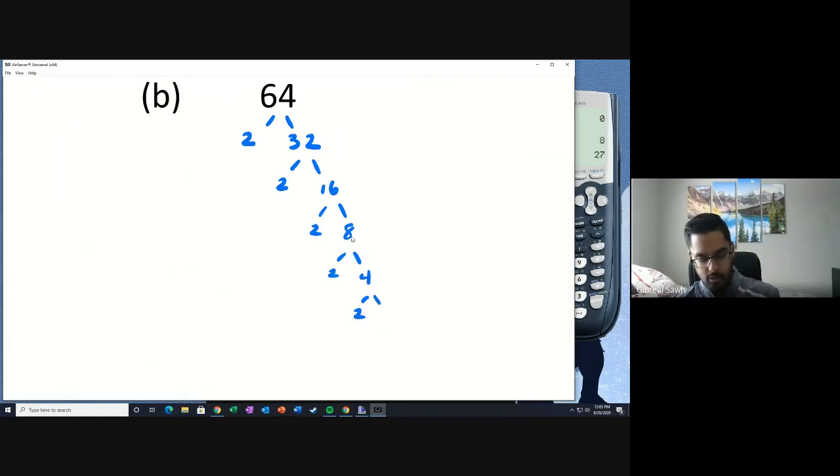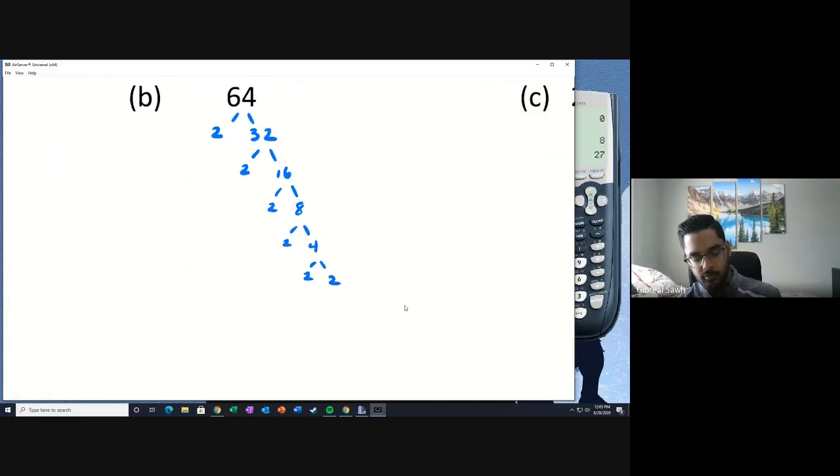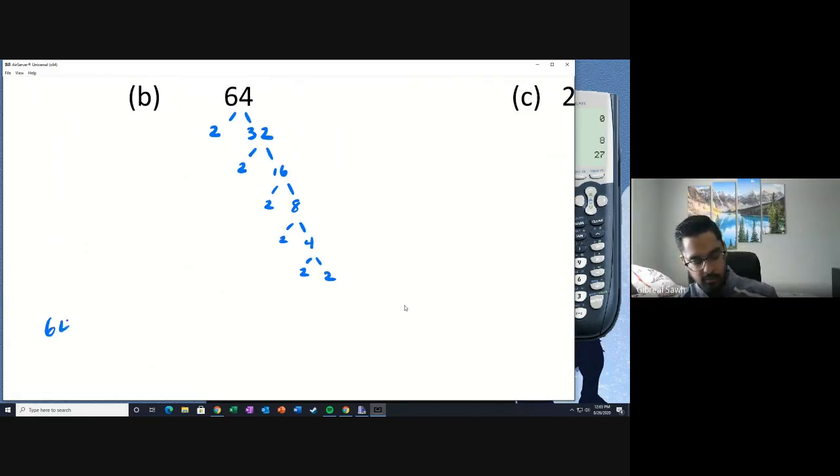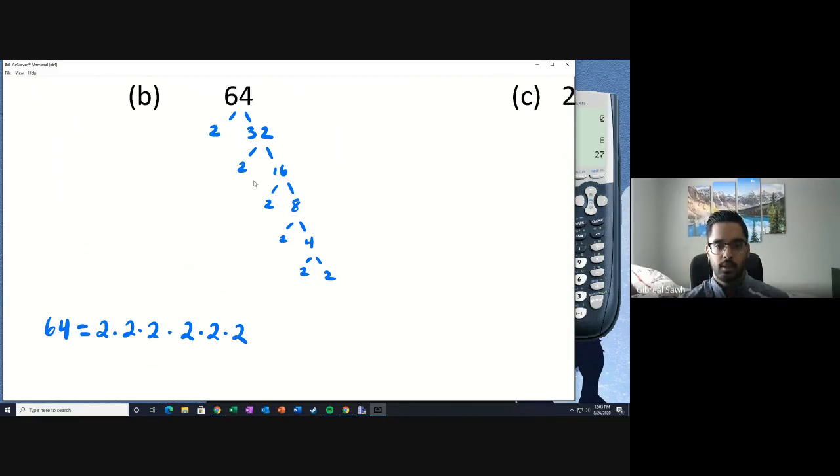And then we'll do 2 and 2. So as you can see, all of my prime factors happen to be 2. So again, we'll write this out as that product of prime statement. So 64 is equal to 1, 2, 3, 4, 5, and 6 twos, I believe. Yep, got them all. So there it is as your product of prime statement.